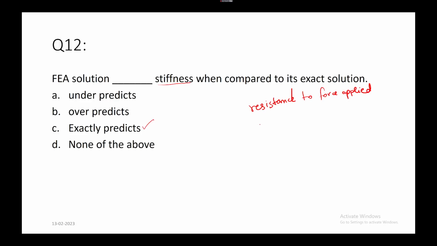In other words, it is nothing but the resisting force per unit displacement. Correct? So if you have something like F is equal to K times U, where U is the displacement, F is the force, then K is the stiffness.